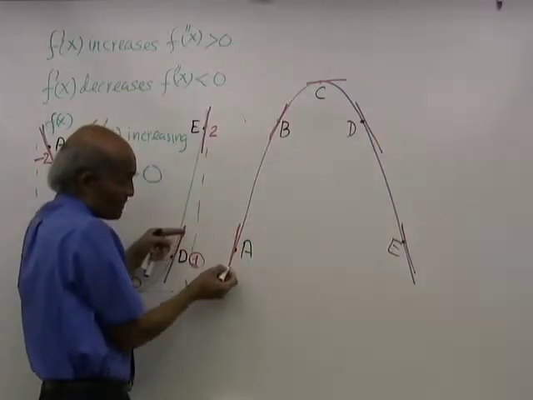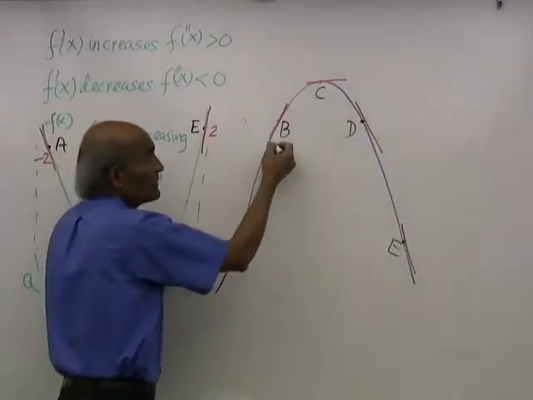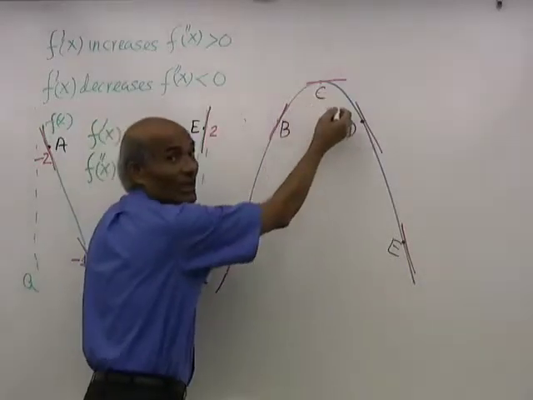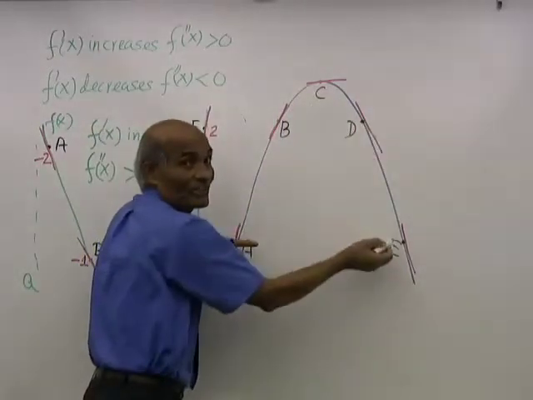If you notice, the slope of this line is positive, that is positive, well, that is negative, that is negative.